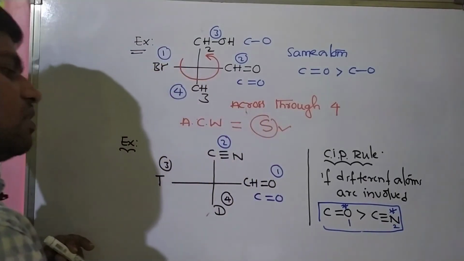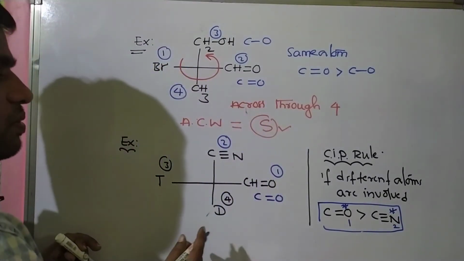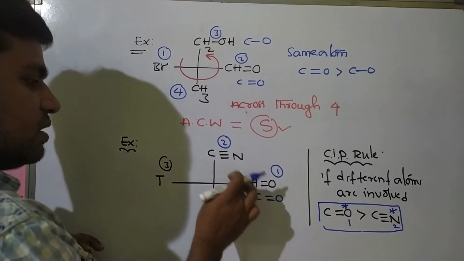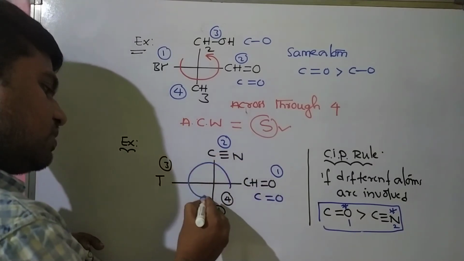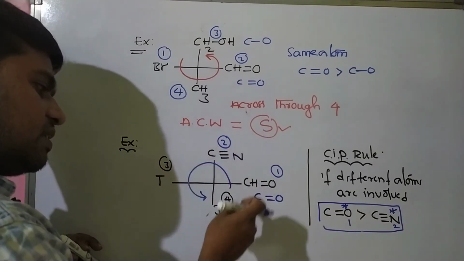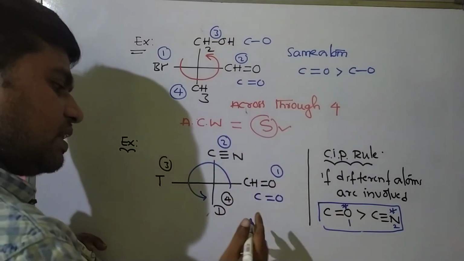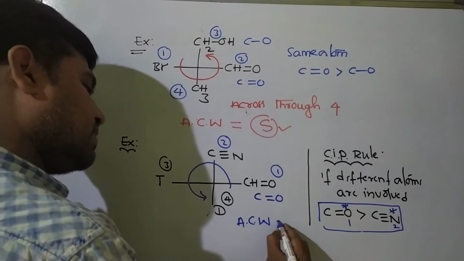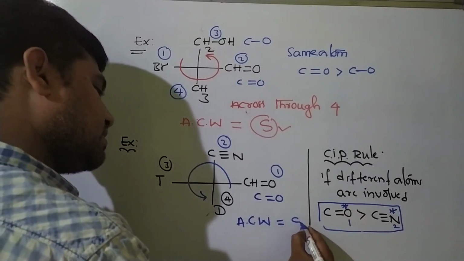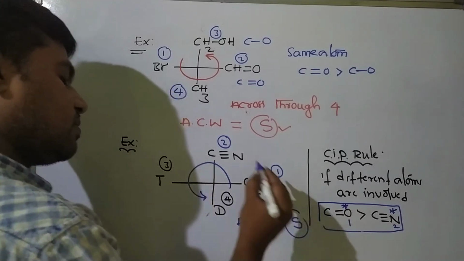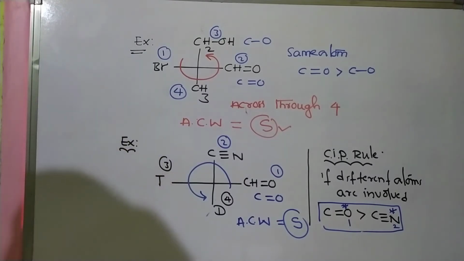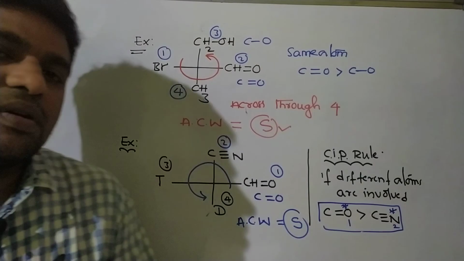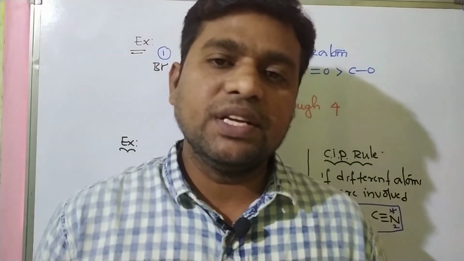Okay, students? Now, rotation. Rotation is 1, 2, 3. What is this? Which rotation? Anti-clockwise rotation. Definitely it is S. Okay, please note. Understand, students?